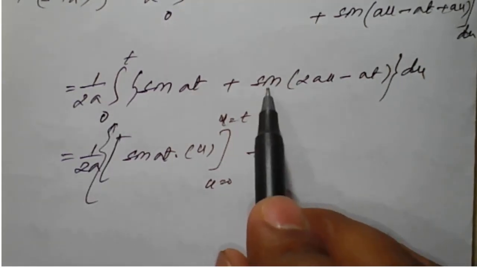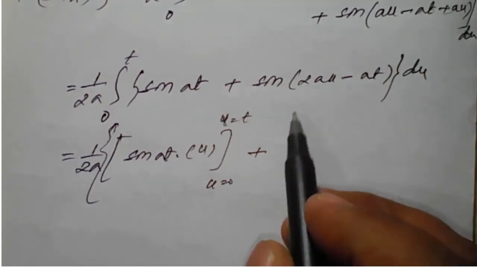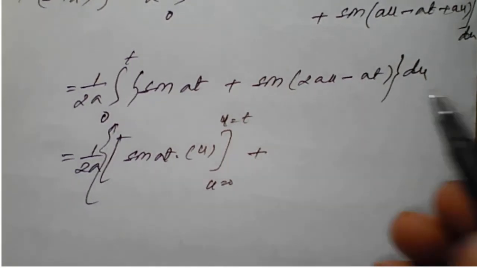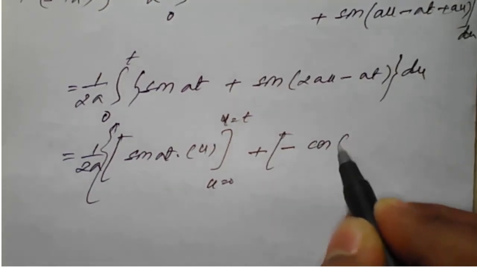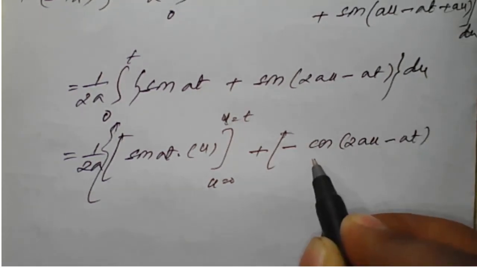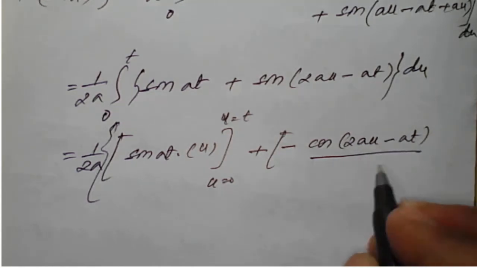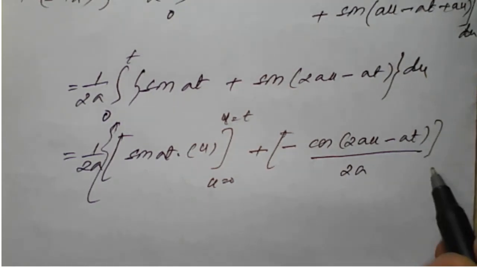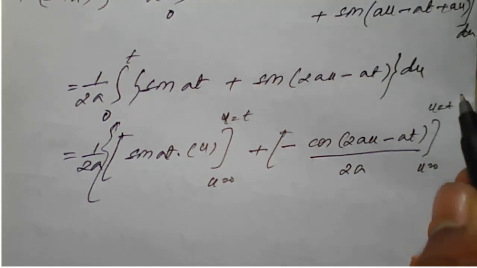The second term is integration of sine of 2au minus at, here we have a u function. The integration of sine of 2au minus at is nothing but, I'll put a bracket, minus cos of 2au minus at divided by the differentiation of 2au minus at with respect to u, which is 2a, limit from u is equal to 0 to u is equal to t.